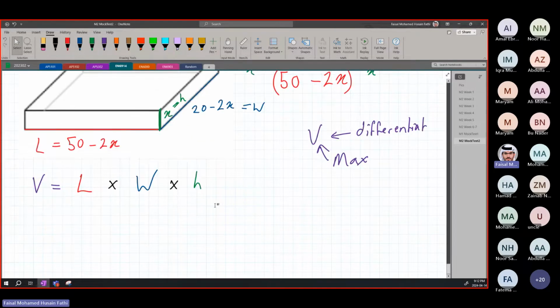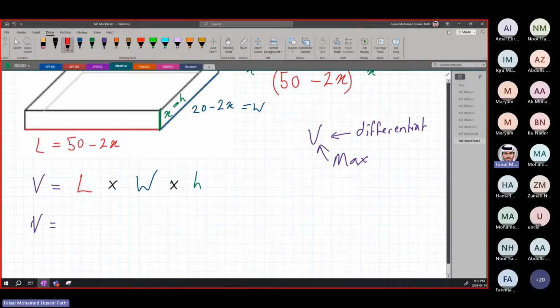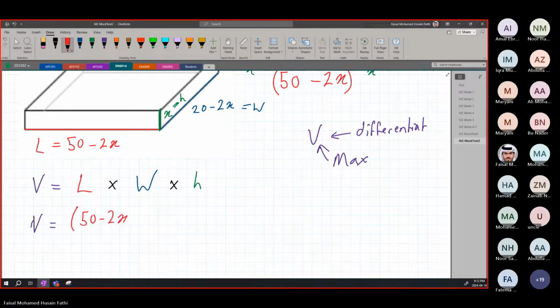Okay? Let's substitute. V is going to be equal to, the length is 50 minus 2x times the width, 20 minus 2x, times the height, which is just x.